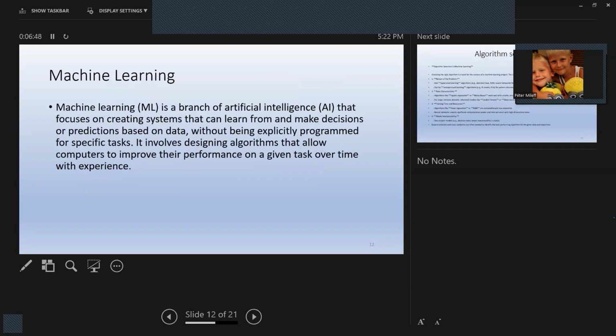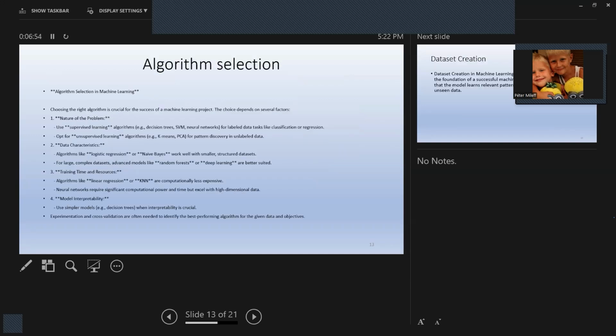So generally, machine learning is a part of AI, and in mechanical engineering it has very good potential. The very first step would be, for a particular problem, to recognize the problem, then to select the particular algorithm. If there is no algorithm, then you first need to develop it.